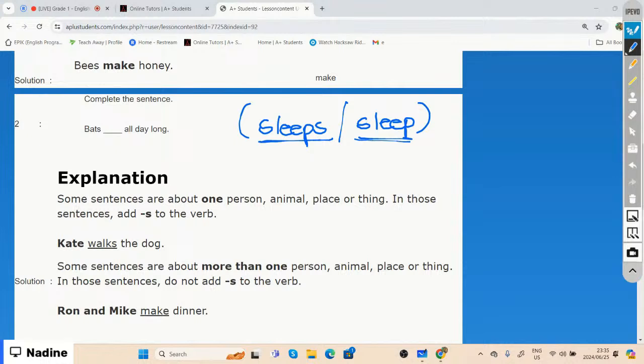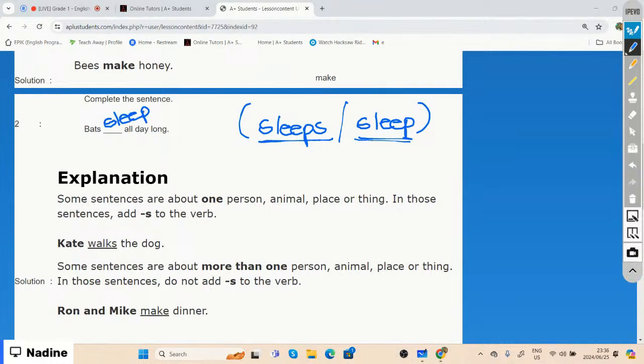So do we say bats sleep all day long, or bats sleeps all day long? All right. And yes, we will say that bats sleep all day long.